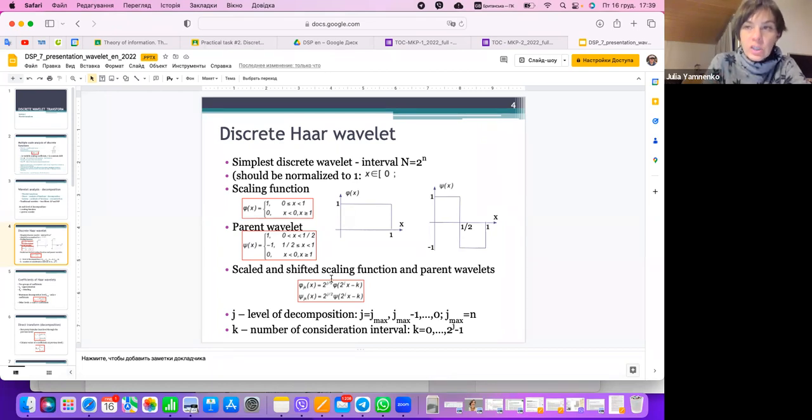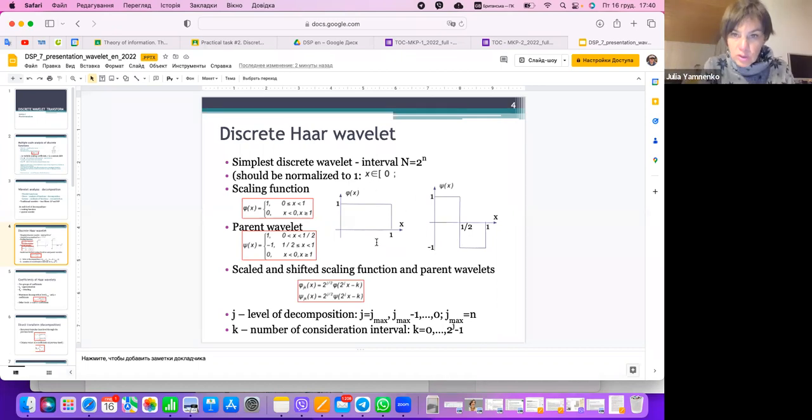And at each step, for the scaling function phi and for the parent wavelet psi, we will apply two operations. First one is scaling, and scaling means changing of scale, and this changing could be in horizontal direction, but also in vertical, so in both directions.